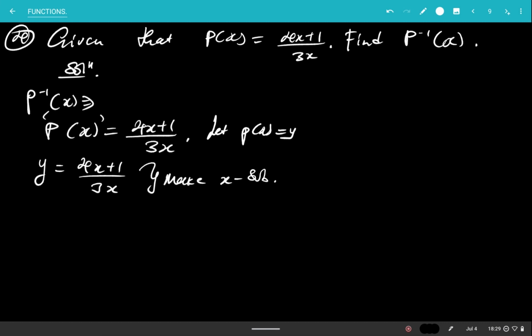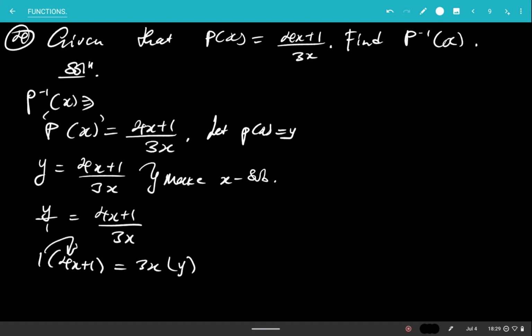Now making x subject of formula, I'm having y over 1 being equal to 4x plus 1 over 3x. Then you do a cross multiplication of 1 times 4x plus 1 being equal to 3x times y. Then this one multiplies everything, but remember 1 times anything will not change anything. 4x plus 1 is equal to this times that gives you 3xy.